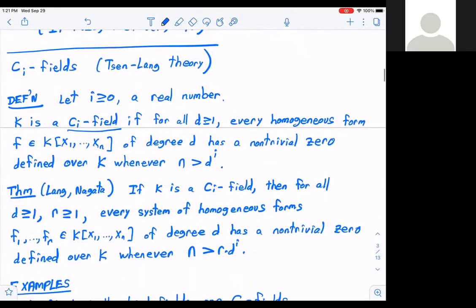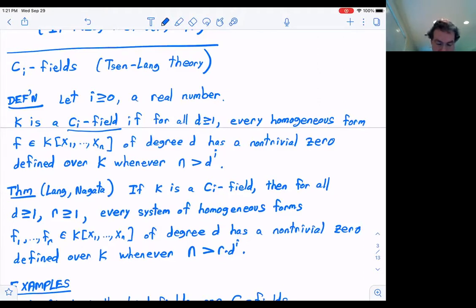Well, a theorem due mostly to Lang, but really Nagata to put in the final touches, says this definition can be self-strengthened. If K is a C_i field, and remember, that's a statement about one homogeneous form of degree d for every d, important.